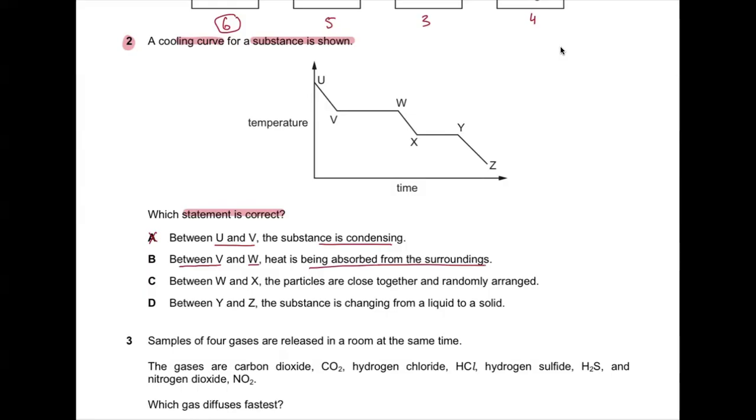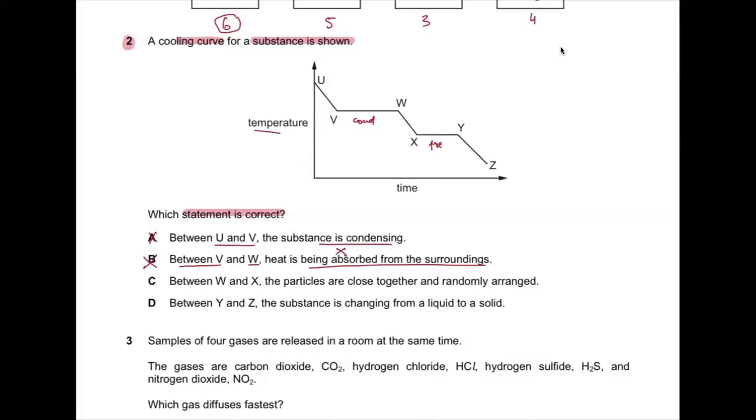Let's assume this from V to W can be condensing, and the next can be freezing. So if it is condensing, it's losing energy to the surroundings, not gaining energy from the surroundings, because the temperature is falling down. So saying absorbed makes the statement wrong.